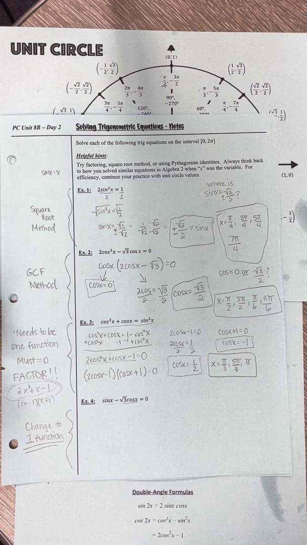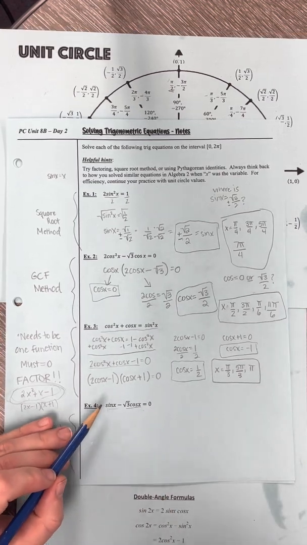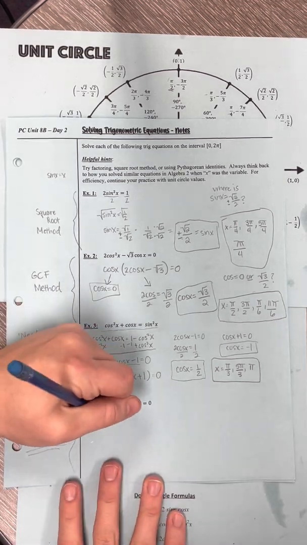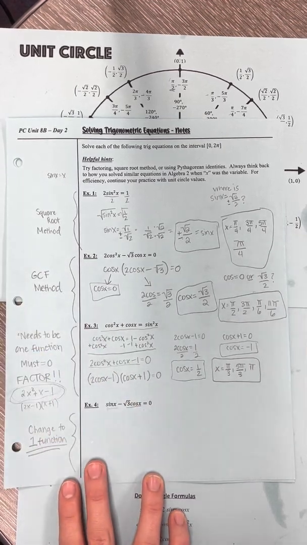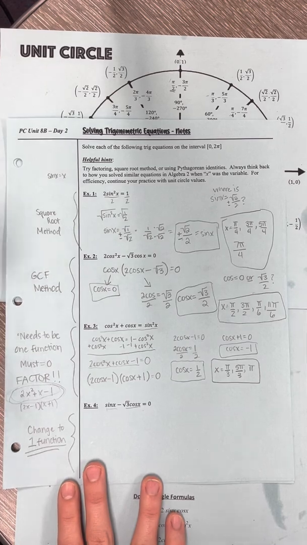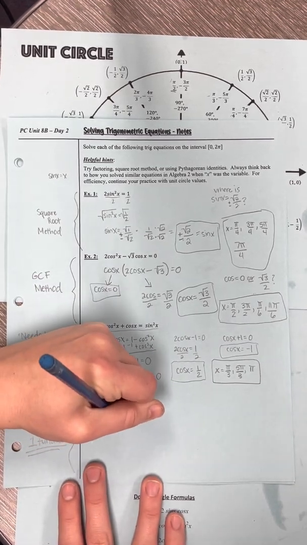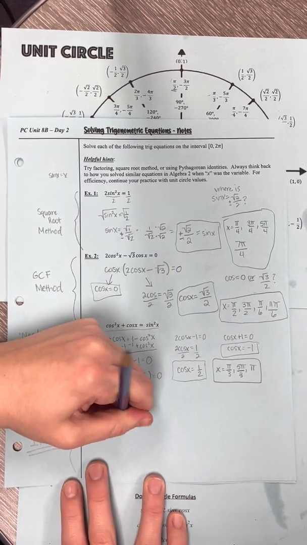All right, so let's see. There's really no way that I can just change sine to cosine, or cosine to sine for that matter, unless it were squared, because those are the Pythagorean identities. So what I'm going to do is, I do know that sine over cosine or cosine over sine could be tangent or cotangent. So we're going to find a way to do that. So we're going to have sine x is equal to the square root of 3 cosine x. Whoops, that looked really weird.